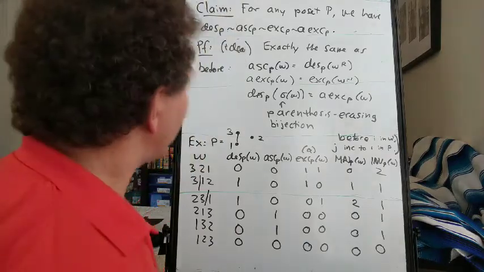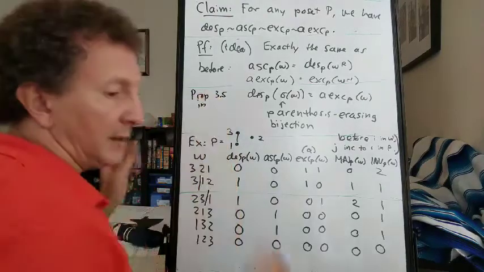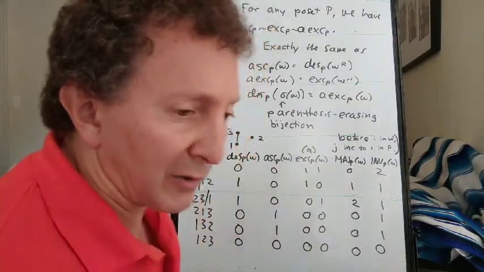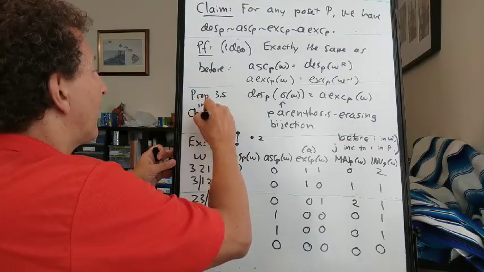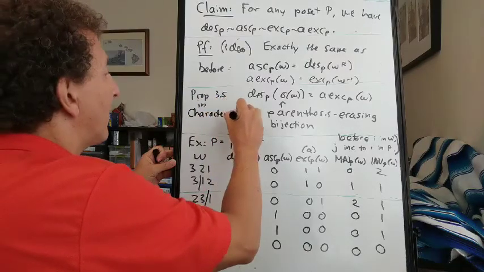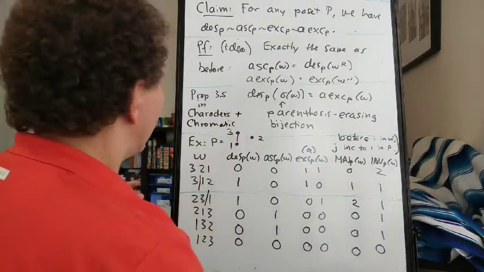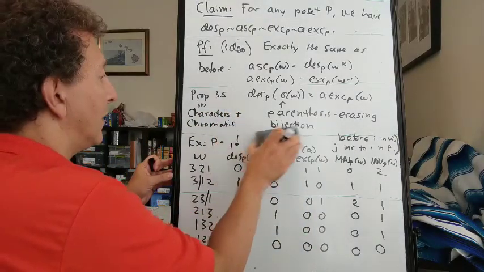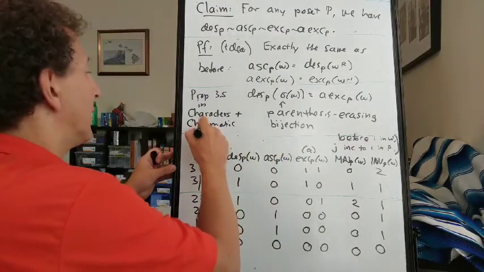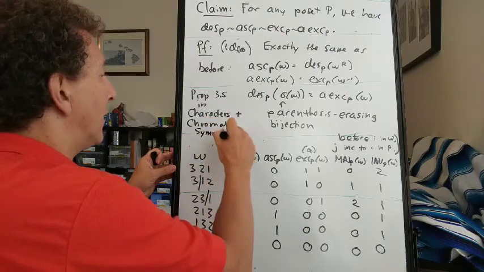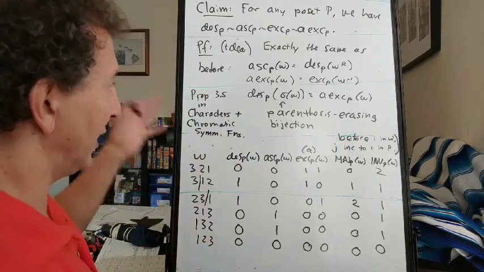So this is proposition 3.5 in the paper Characters and Chromatic Symmetric Functions, which is on your syllabus. Meaning there's a link on your syllabus to this paper, which is on my webpage.